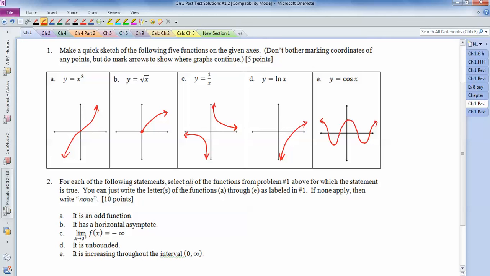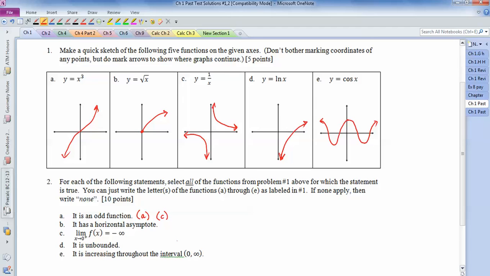Or you could think of it as symmetry by rotating around 180 degrees, you get the same exact graph back. So the ones that this is true for are going to be the graph in A and the graph in C. If you plug in negative x, you should get negative whatever the function actually is.